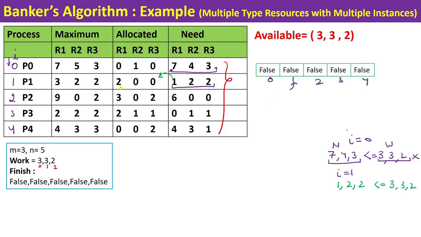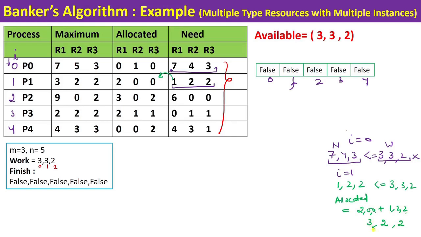Currently it has 2, 0, 0 resources. If we grant this 1, 2, 2, then what will be the value of the allocated? So allocated will be equal to 2, 0, 0 plus 1, 2, 2. So 2 plus 1, 3 printers have been given to P1. 0 plus 2, 2, and 0 plus 2, again 2.